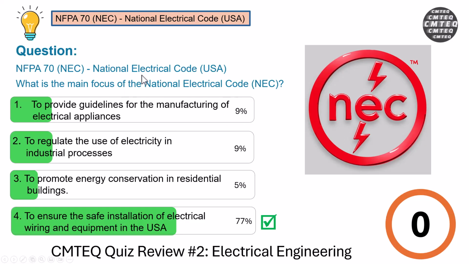By establishing uniform safety practices, it helps prevent electrical fires, shocks, arc flashes, and other dangers that can happen because of wrong electrical wiring. Therefore, it allows the electrical system to operate reliably and safely throughout the entire lifespan of those systems.